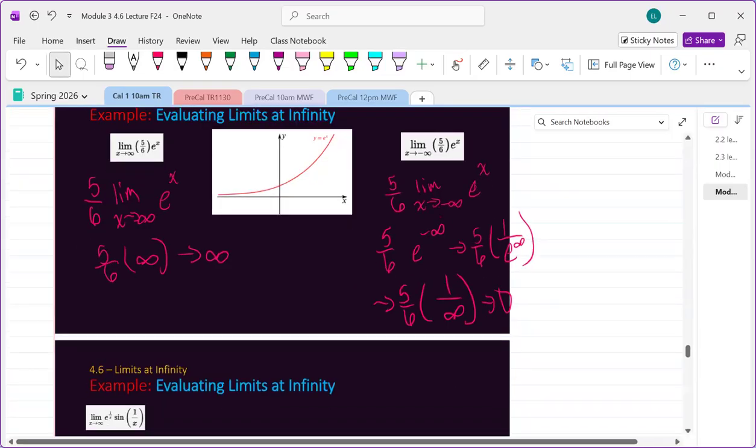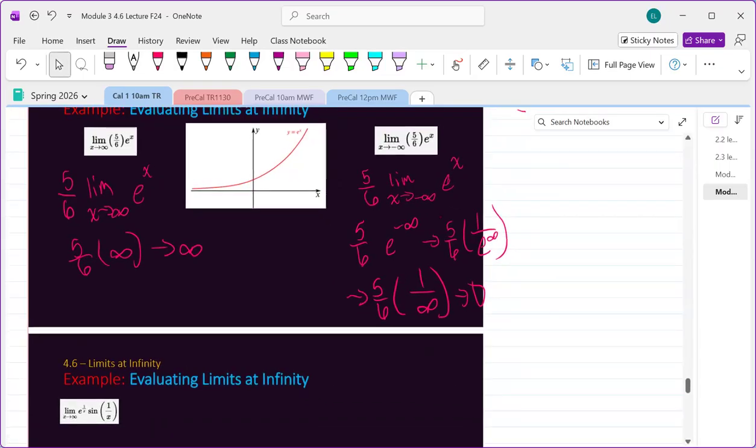That's just like drawing out what I was saying before. If you remember the graph, you can use your knowledge of the graph. But if you also remember that a number to a positive power gets big, and a number to a negative power is the same as a fraction, then we're just using our 1 over infinity knowledge, and that goes to 0.